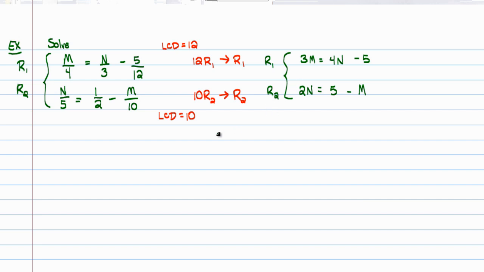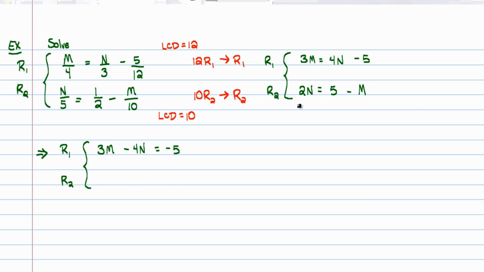Now, something that I didn't really mention, it's kind of an important step here, I should have mentioned it in that list, is to rewrite your equations so that all the variable terms are on one side. In this first row, I'm just going to subtract 4n from both sides, so I get 3m minus 4n is equal to negative 5.